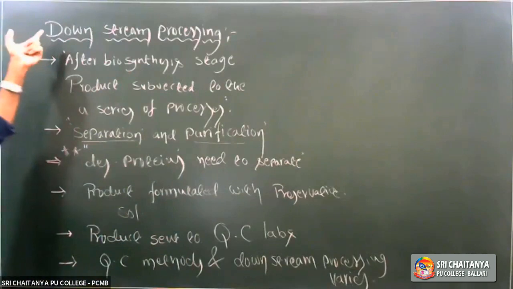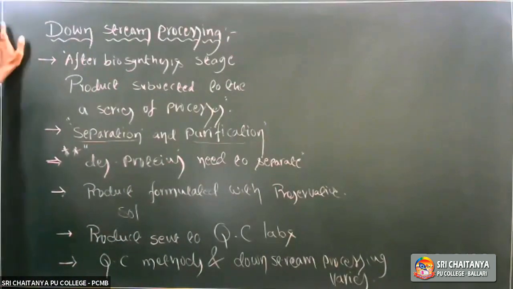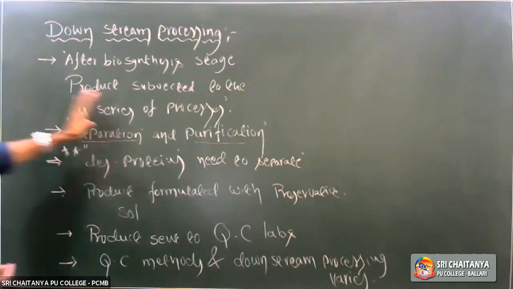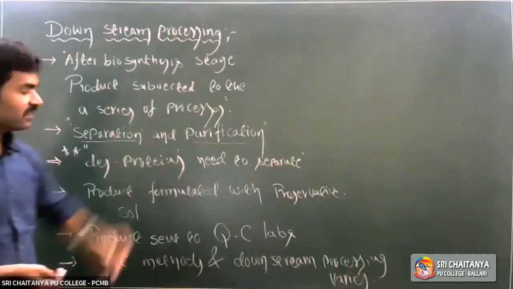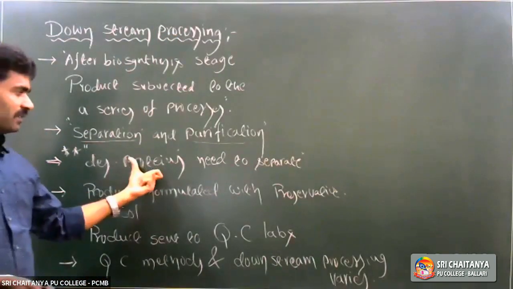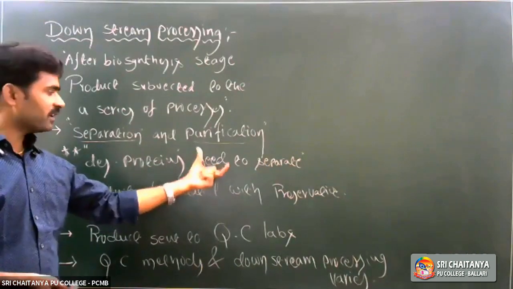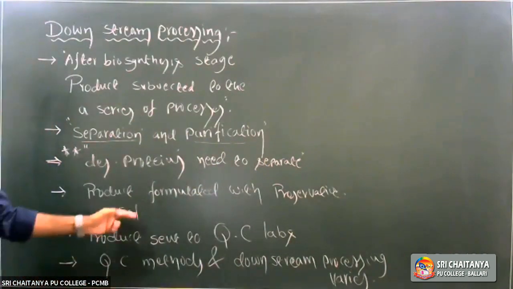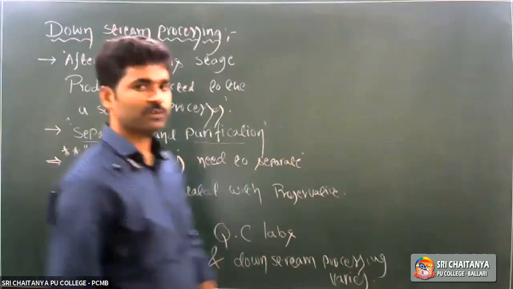So the definition of downstream processing: after the biosynthetic stage, the product is subjected to a series of processes, so these separation and purification techniques are collectively known as downstream processing. In that, we need to separate the desirable proteins. After separation of the desirable protein, we formulate it with preservative solutions.